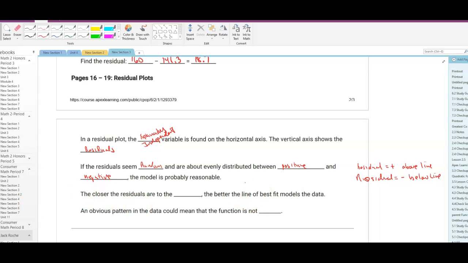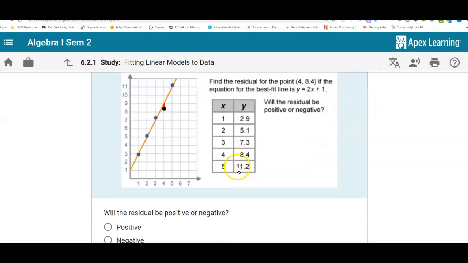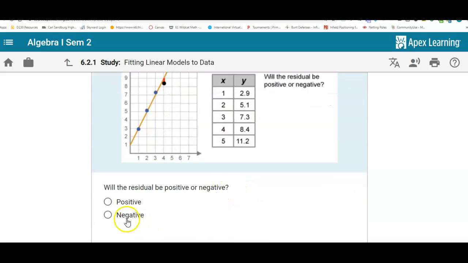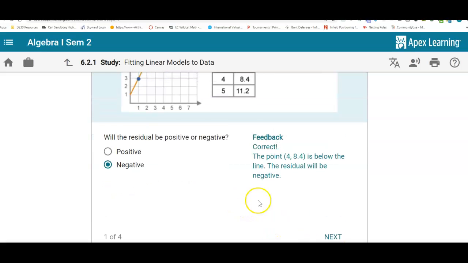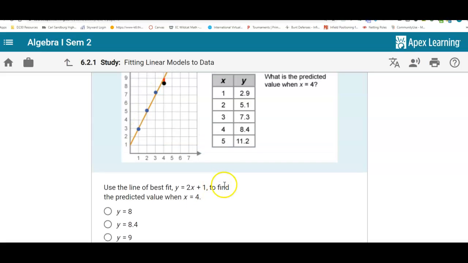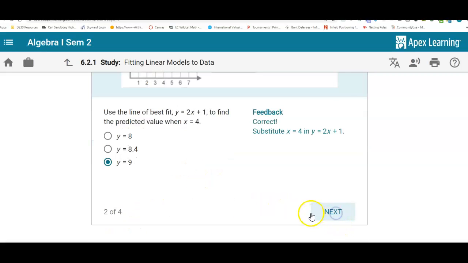So when we look here real quick, in this example, find the residual. Well, what is the distance from this actual point to the predicted value? Right away, I see I'm below the line, so that residual will be negative. Now, if you use the line of best fit, y equals 2x plus 1, to find the predicted value when x is equal to 4, that's going to tell me that 2 times 4 is 8, plus 1, so y is 9.